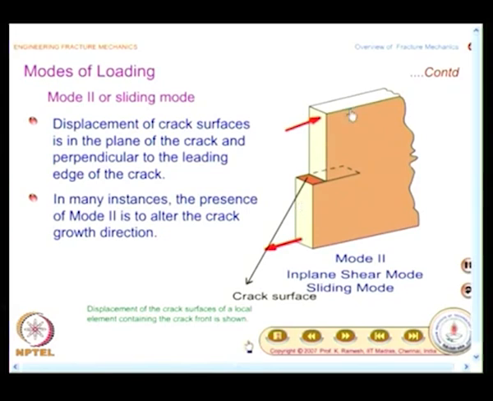You have the opening mode, you have the sliding mode, the third mode is tearing like this, it is out of plane shear, that is what you are going to see. I hope you are able to make a sketch of this, you can make a reasonable sketch.